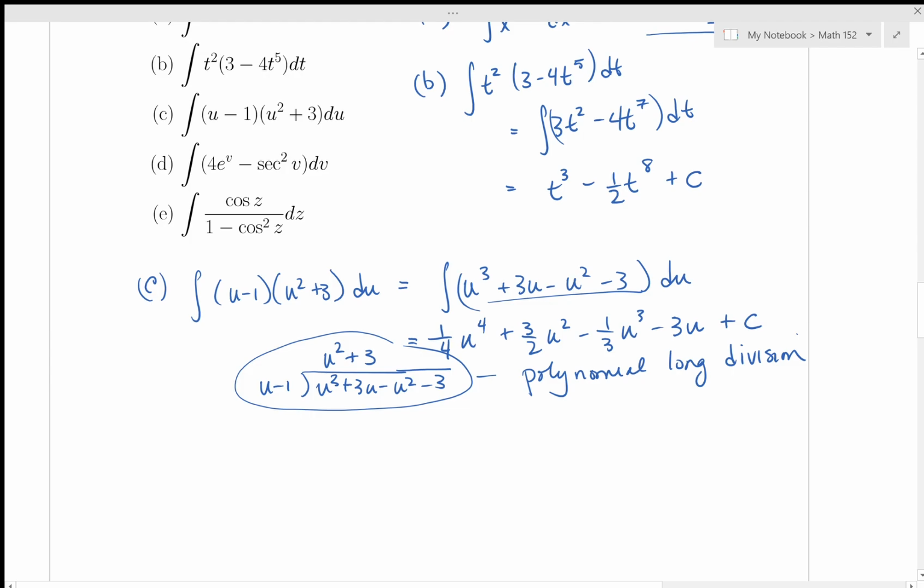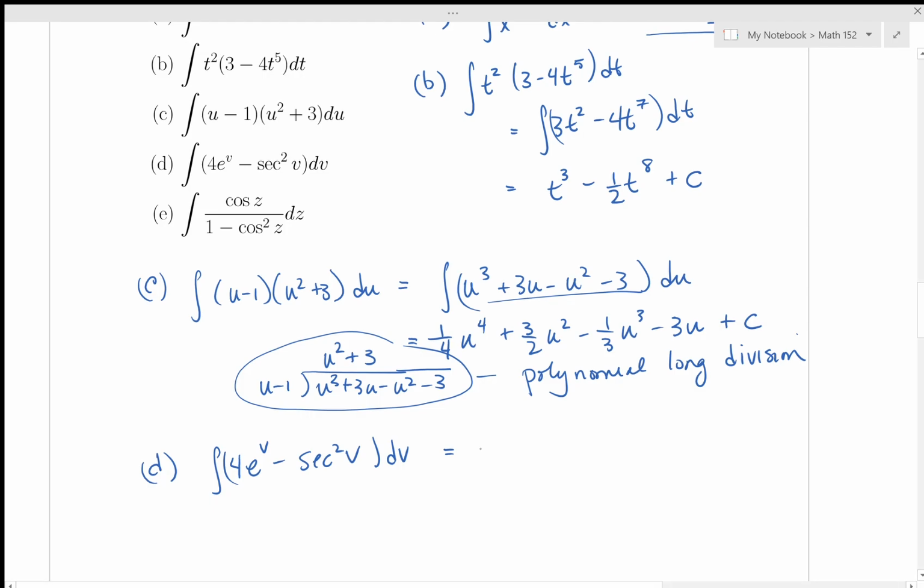Okay, let's do D. D is the integral of 4e to the v minus secant squared v dv. Okay, so again, I'm going to do this in 2 pieces. What function gives me derivative e to the v?